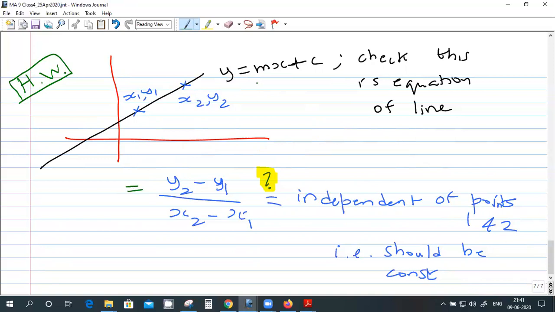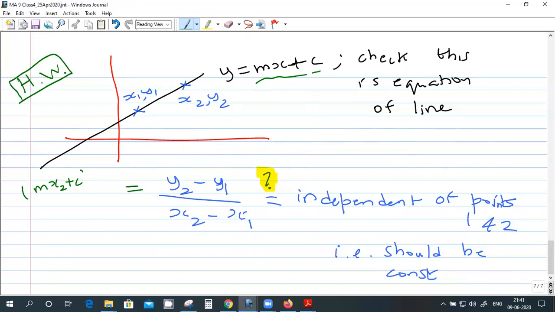Using this equation, y2 minus y1. y2 should be mx2 plus c.